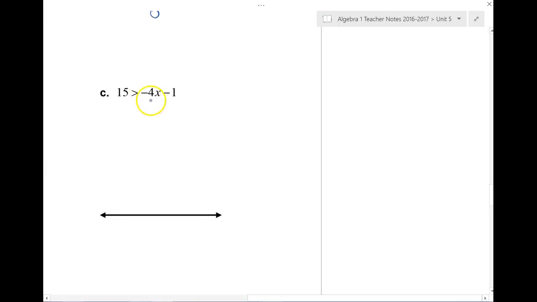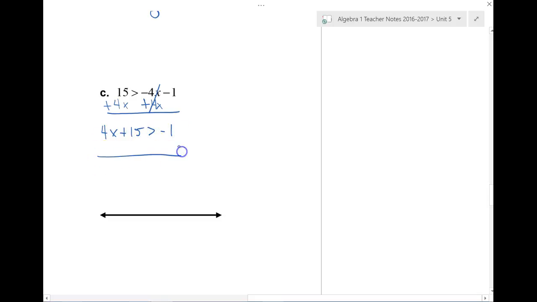Now on this one, again, I want the x over on this side, so what I'm going to do is add it to this side because it's negative. And again, I cannot do 15 plus 4x because this does not have x and this does. So I'm just going to write it together with x first.